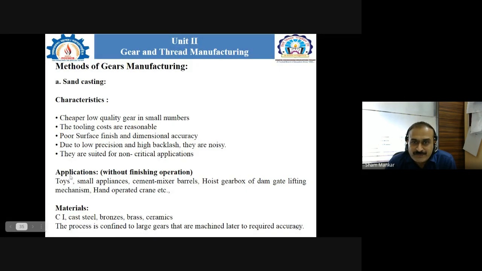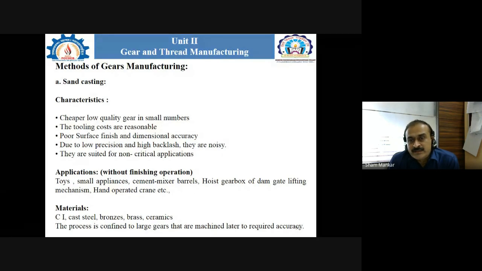Then what about the different kinds of applications? Normally, the gears manufactured from these materials by the sand casting process are used in making toys, small appliances, and in building construction, such as the cement mixer barrel.